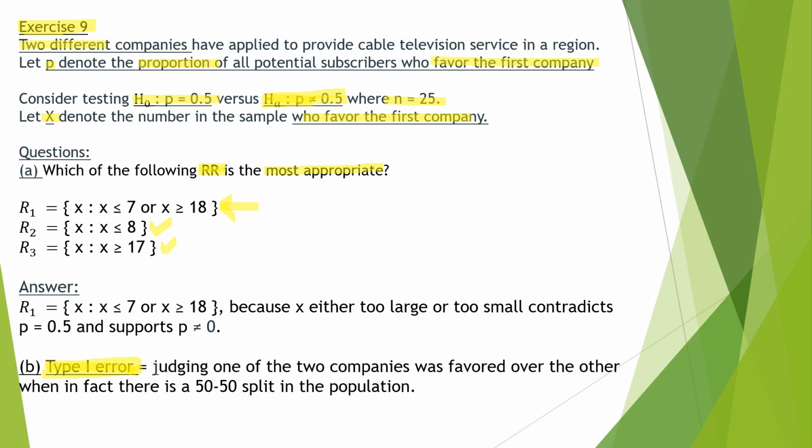It says that there was a 50-50 split in the population, so 50% favored the first company. Now, in your type 1 error, your H0 was actually true, but you rejected it. And by rejecting it, you are telling us that one of the two companies was favored over the other, when in fact it was not true, because 50% favored the first company and 50% favored the second company.